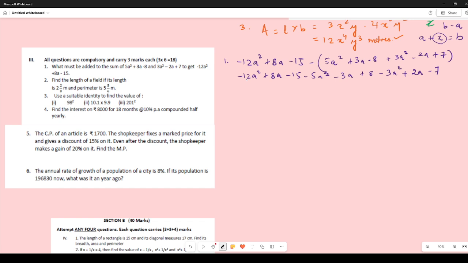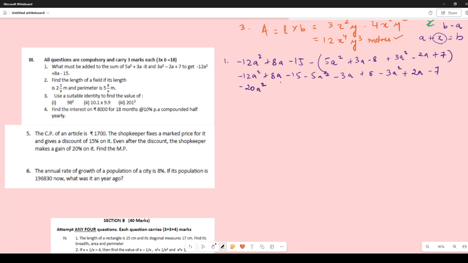So minus 12a square minus 5a square minus 3a square. What do you get over here? Minus 8a square. So minus 12a square minus 8a square, you get minus 20a square.